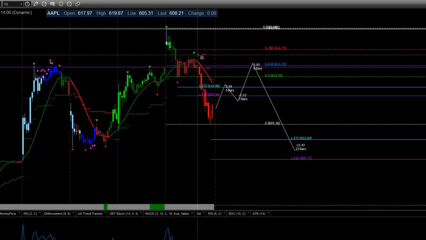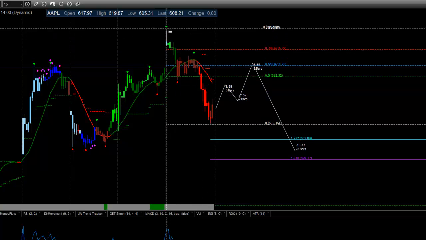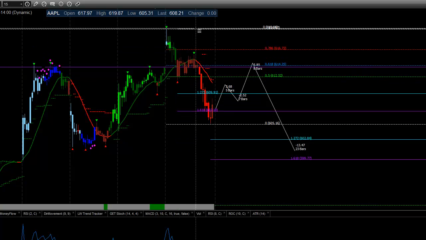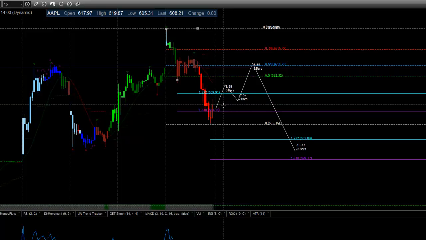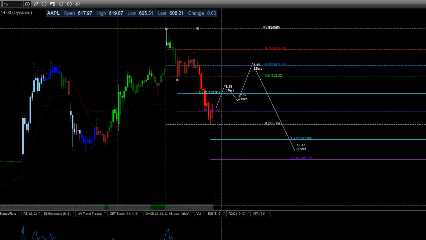Yeah, see, it's bigger than a normal ABC, so we have to assume that it's a 1, 2, 3, and a 1, 2, 3, and it closed above. Okay, so in essence, this is an extended wave 2 of a 1, 2, 3. So actually, I think we're going to push.